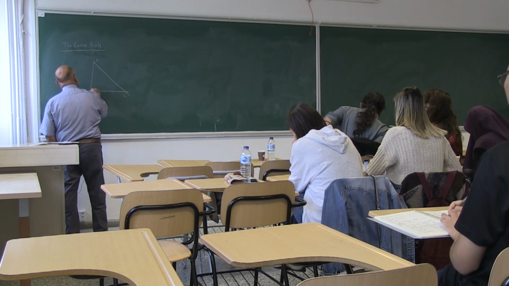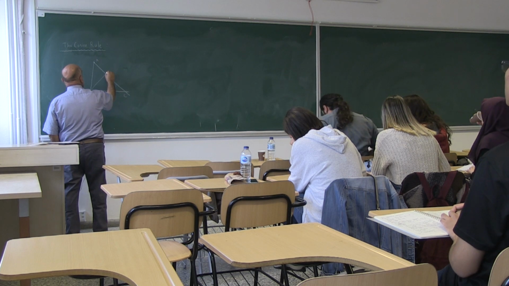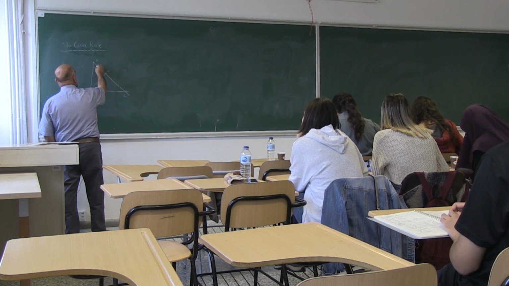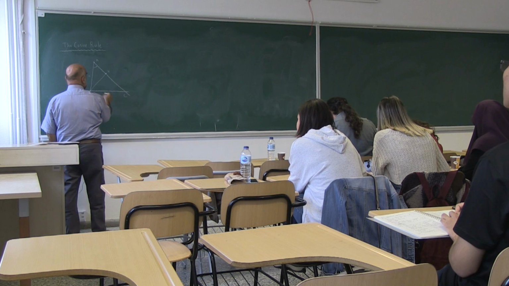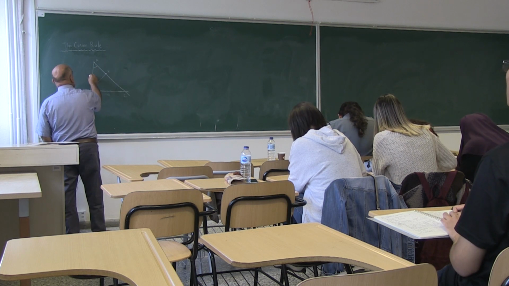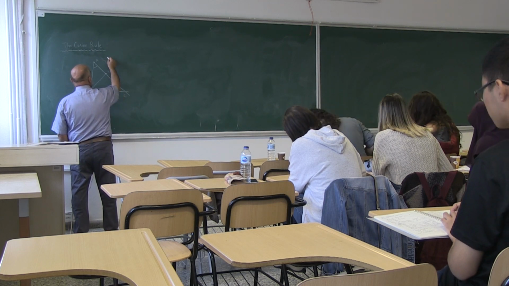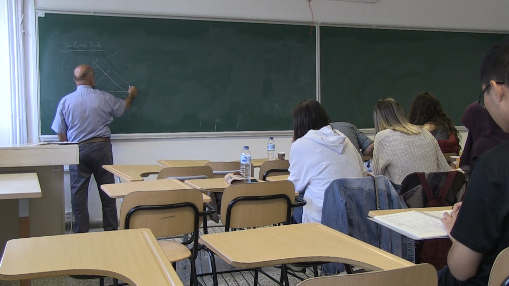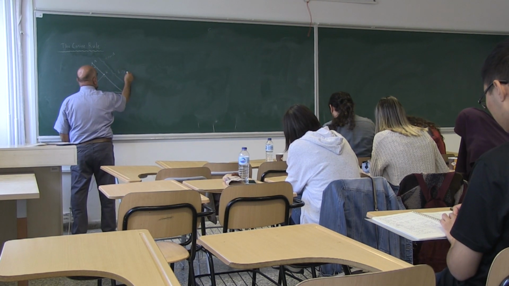If I drop a perpendicular from B onto the side CA, let's call the foot of the perpendicular K. This is the angle A, this is the side A, this is the side C. The length of line segment BC is a, and the length of AB is c, so that the length of the line segment AK will of course be c cosine A. That would mean the length of the line segment KC, this is a right angle, is going to be b minus c cosine A.